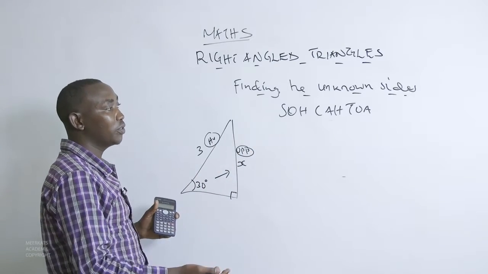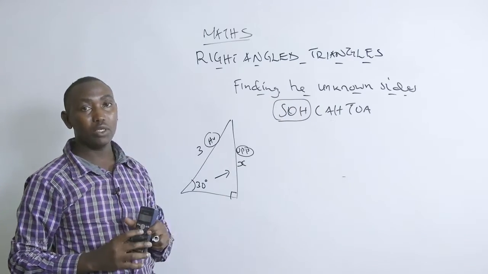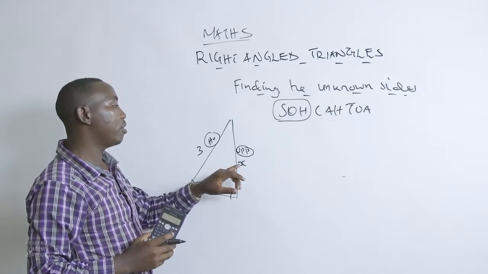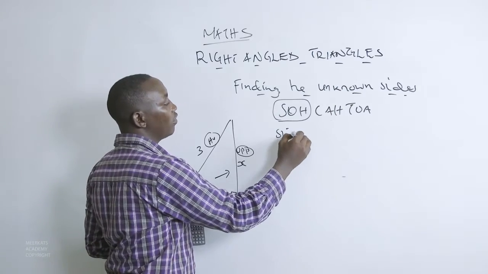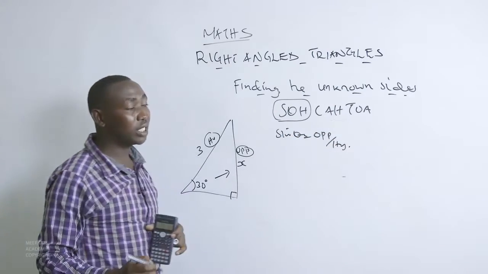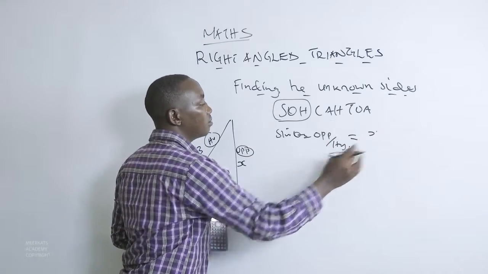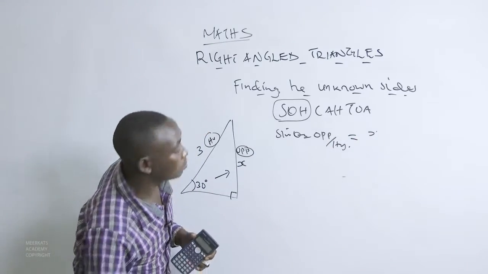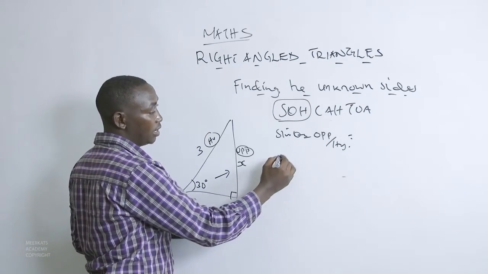In this case, it is obvious that we are going to use the first trigonometric ratio, which is sine, to obtain the opposite side, because sine of theta is given by opposite over hypotenuse. In this case, our opposite is x, and our theta is 30 degrees.